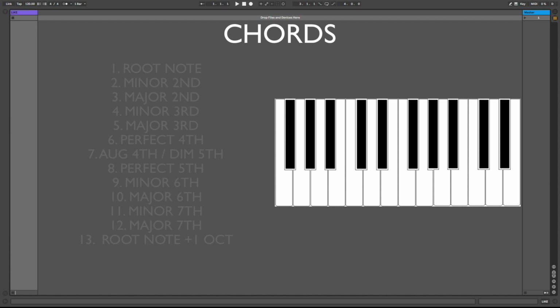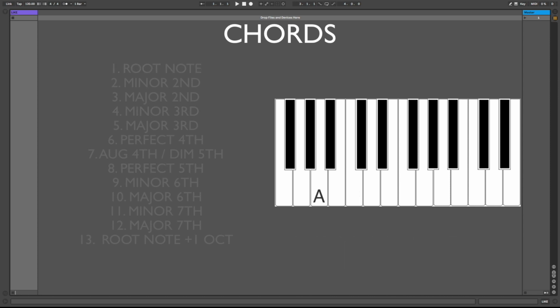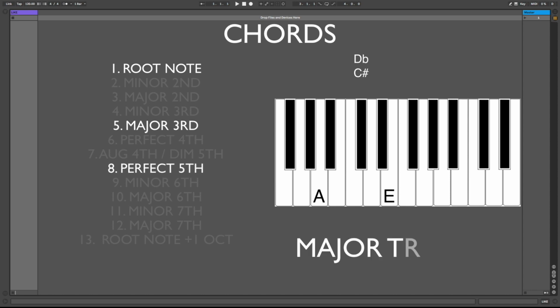So if we played, let's say A is our root note, we added the minor 3rd interval above the A and the perfect 5th, this would be known as a minor triad. If we played the A, the major 3rd, and the perfect 5th, this would be known as a major triad.